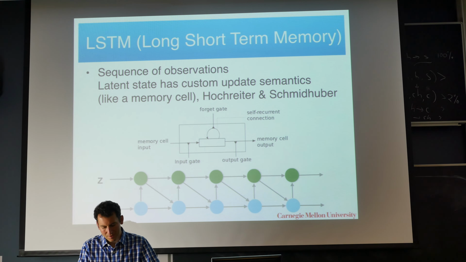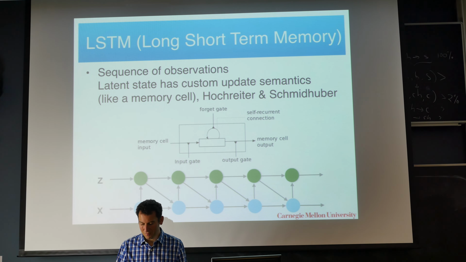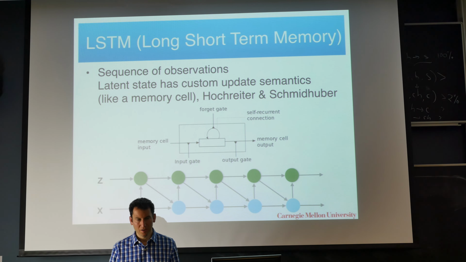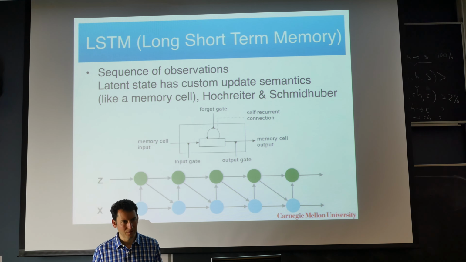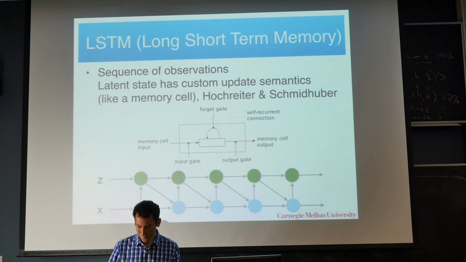You assume that this Z is essentially a memory cell. At each step, this memory cell, which is clocked, is fed with some input. It uses its current state and the input to decide by how much it should change its state. It uses its current state and the input also to decide by how much it should forget its current state.